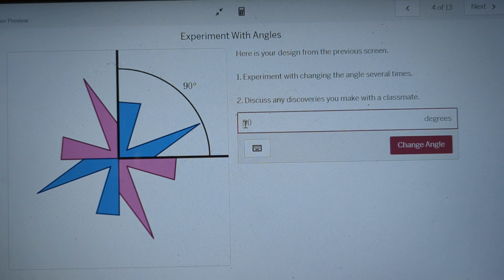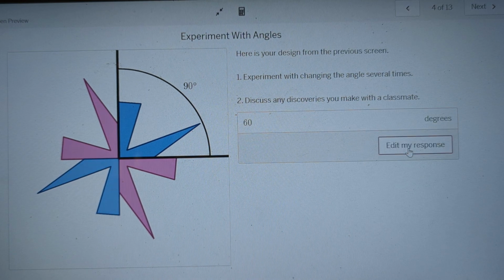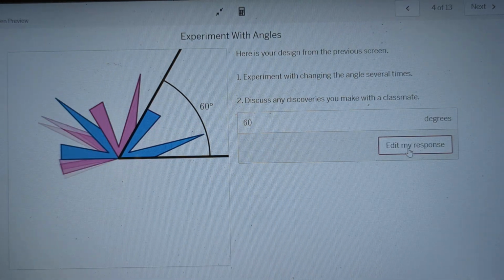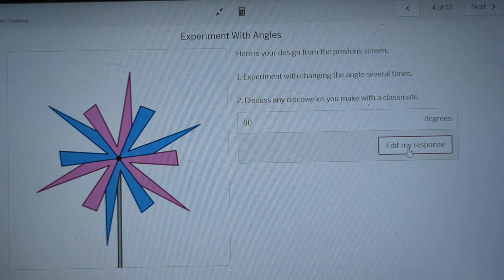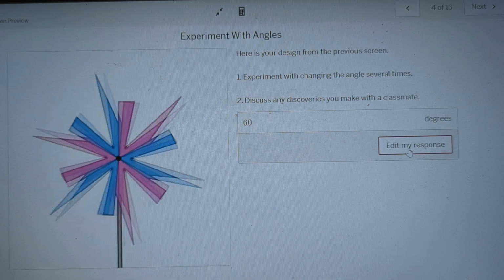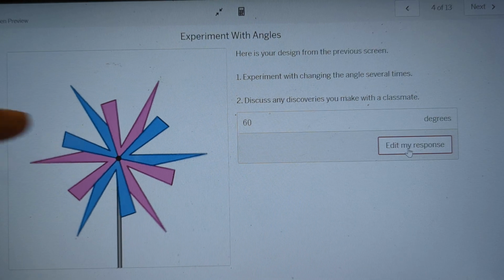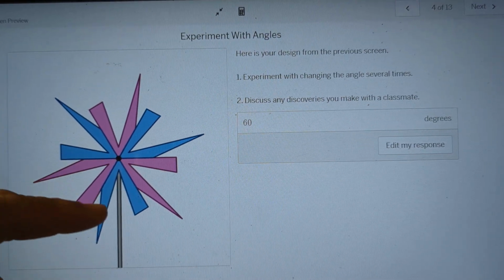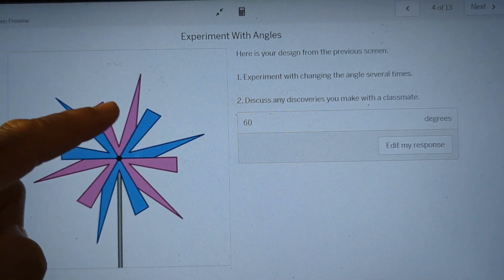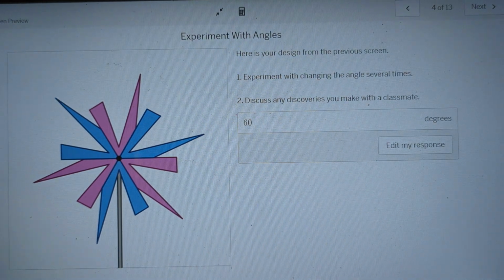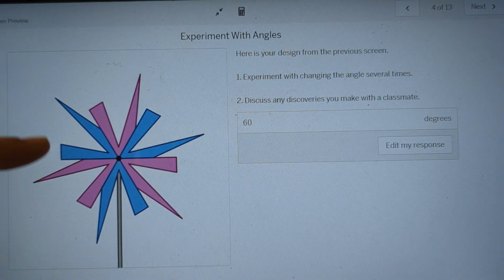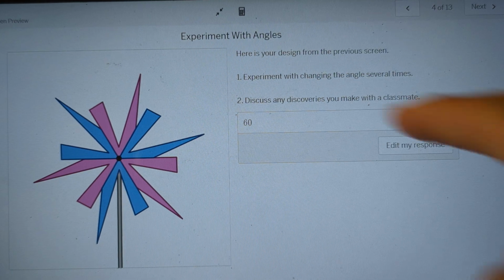Let's go down by 30 and make it 60 degrees and see what that does. It changes to 60. Now, how many did we get out of that? Notice 1, 2, 3, 4, 5, 6. We got 6 different pieces to the angle when we put in 60 degrees.